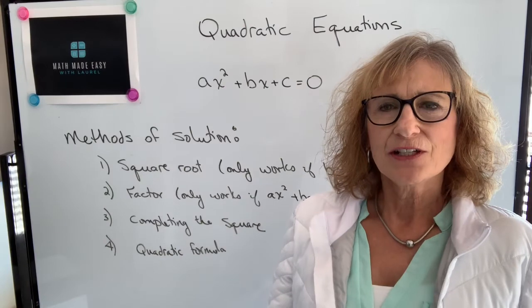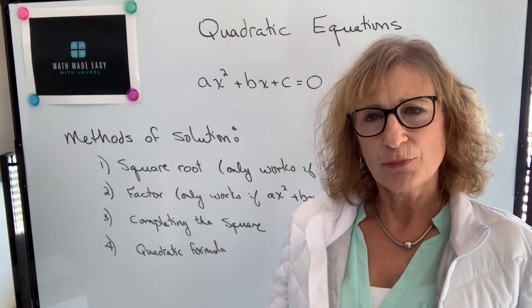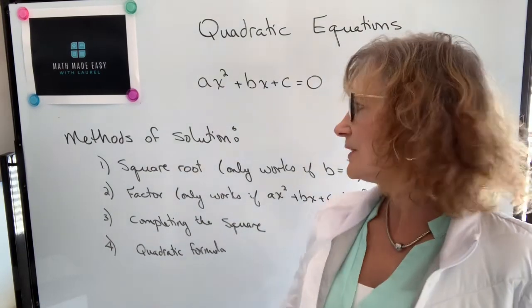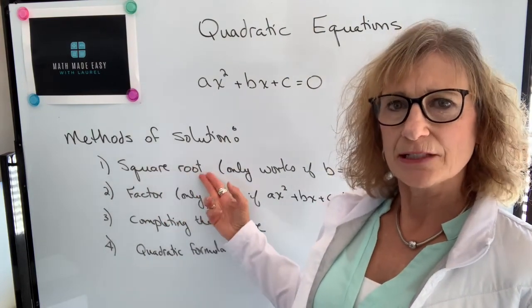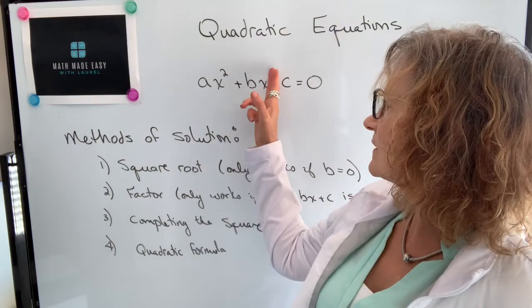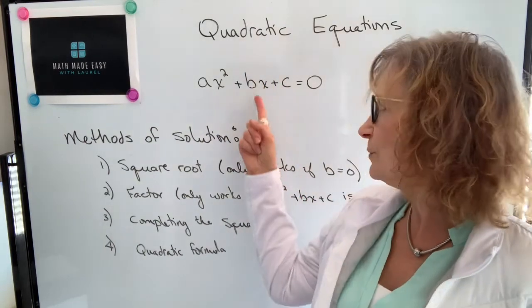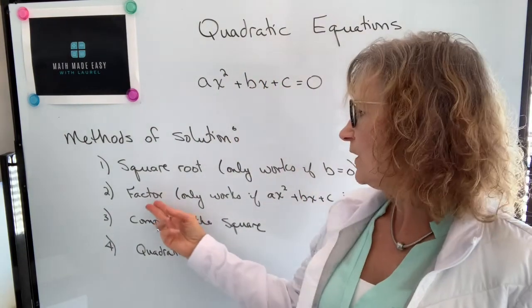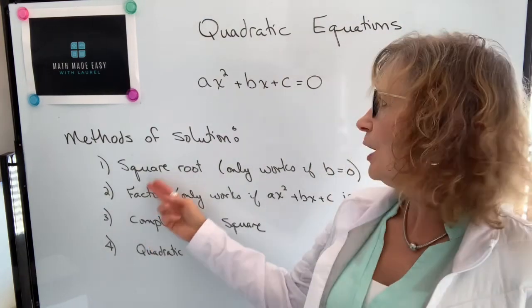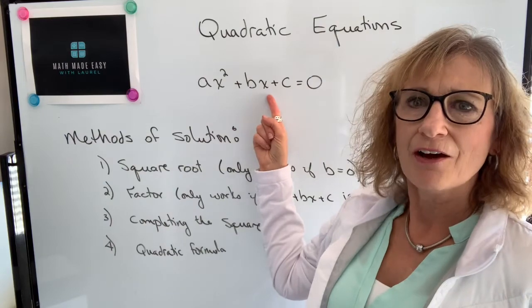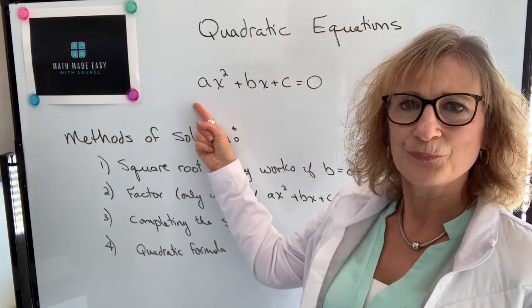In the previous videos, we've looked at some other methods for solving quadratic equations. We looked at using the square root method, but it's limited in when we can use it. We can only use it if there's no x term, or b is equal to 0. We looked at using factoring, but it only works if we have something that's factorable.